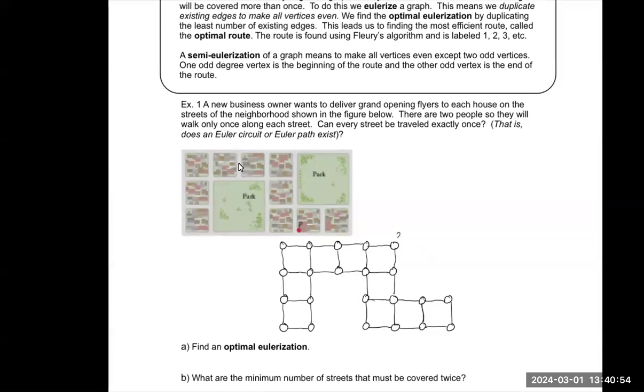So that's 2, that's 3, that's 4, that's 3, that's 2, 2, 3, 3, 2, 3, 1, 2, 3. Okay. 1, 2, 3, 4, 4.